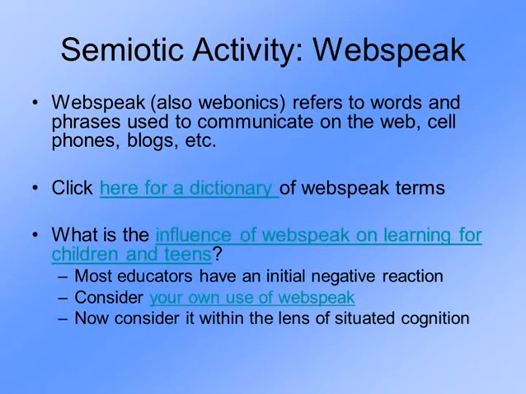Now, after you've viewed these links and videos, consider WebSpeak within the lens of situated cognition, because individuals now have so many different technologies available to them, and they can communicate so quickly with all these different technologies.